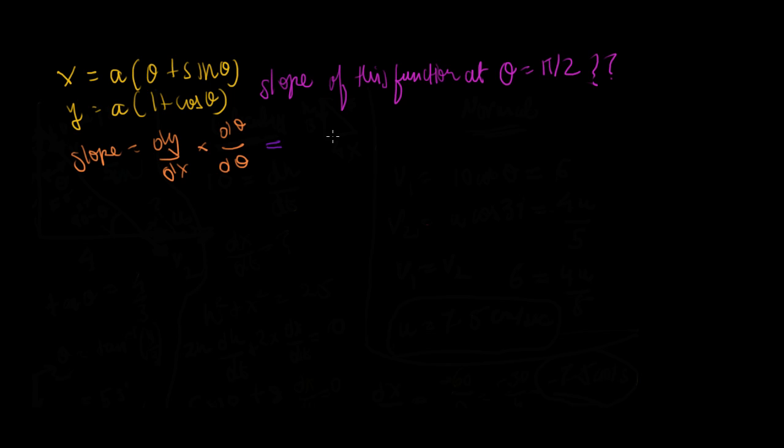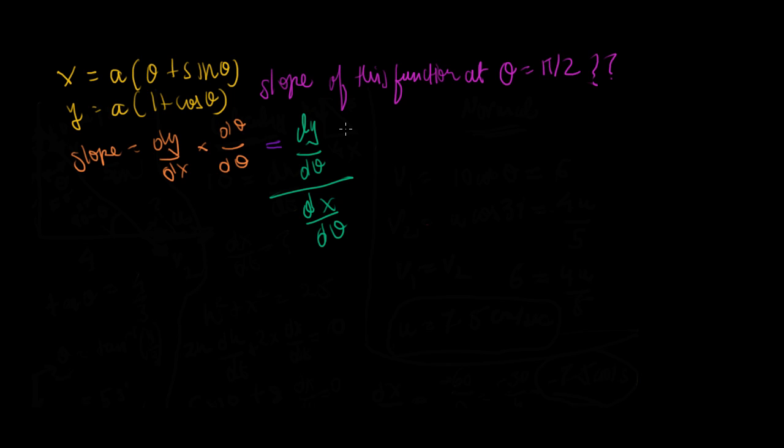I'll explain this. If you do a little rearrangement here, you will get dy by d theta whole upon dx by d theta, right? The d thetas will cancel, and you'll be back where you came from. So why did I do that?